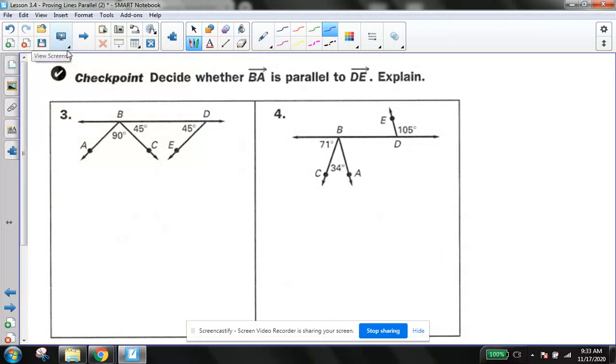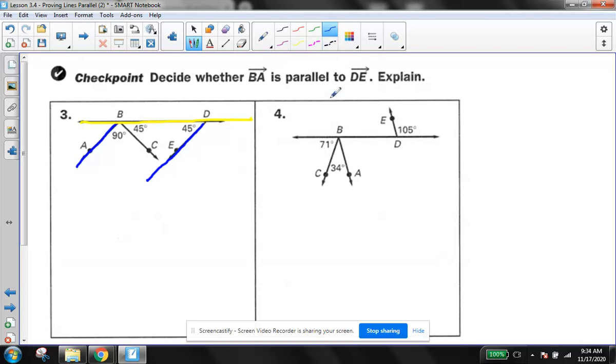Okay, so again, on this one here, we're going to check and see if these two rays are parallel with one another. So we're going to be checking in example 3 if BA is parallel with DE. And you might want to think of this line here as being like your transversal.